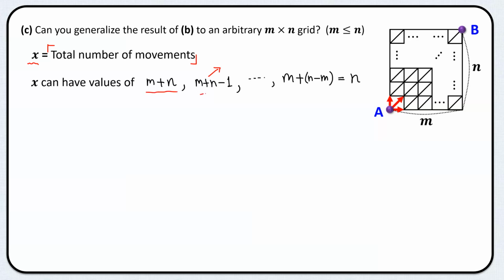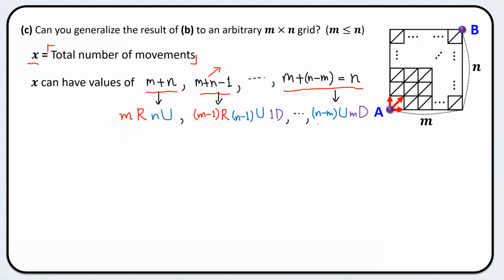So these are the possible values that x can have. Each of them corresponds to: the first case is moving right m times and moving up n times. The second case corresponds to m minus 1 rights, n minus 1 ups, and 1 diagonal. And the last case is n minus m ups and m diagonals.